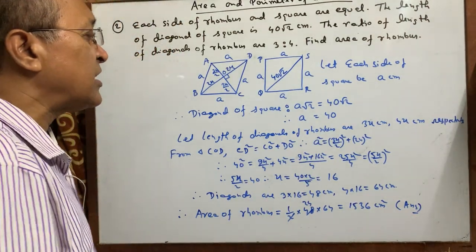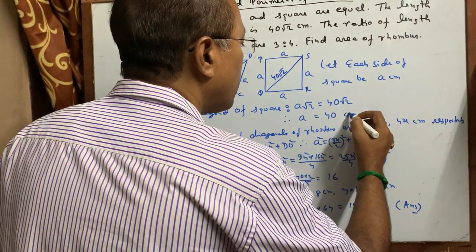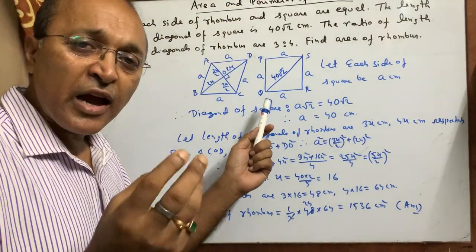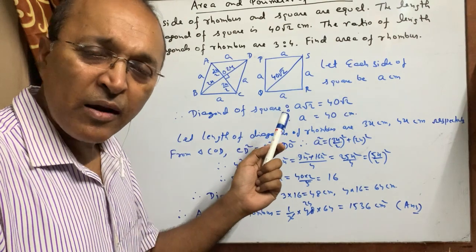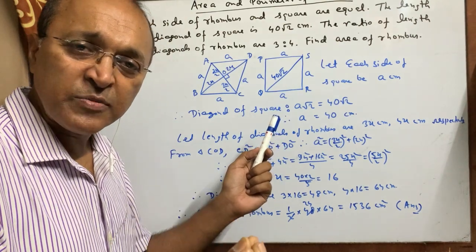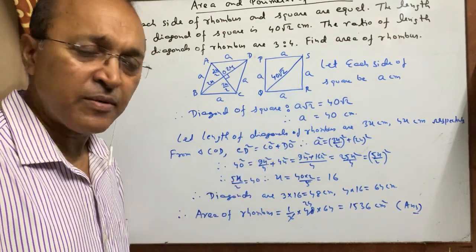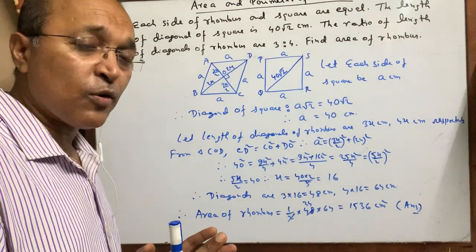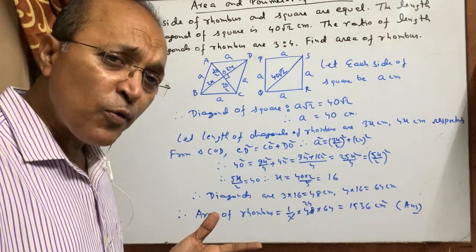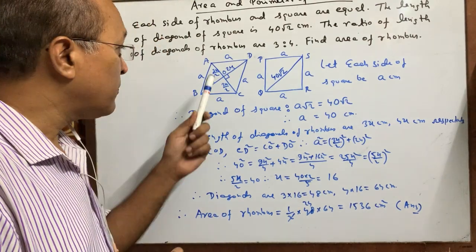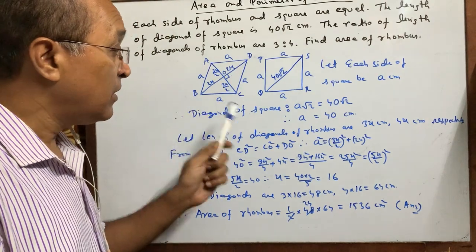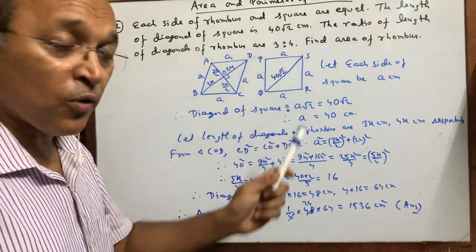So each side of square and each side of rhombus becomes 40 centimeter, right? Now the question of diagonals of rhombus arises. All of you know that diagonals of rhombus bisect each other perpendicularly, and the ratio is given as 3:4.